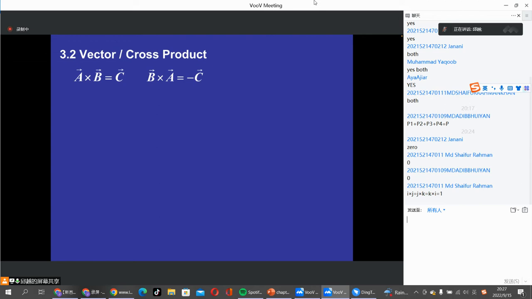A cross B equals C, but B cross A equals minus C. So it has direction.